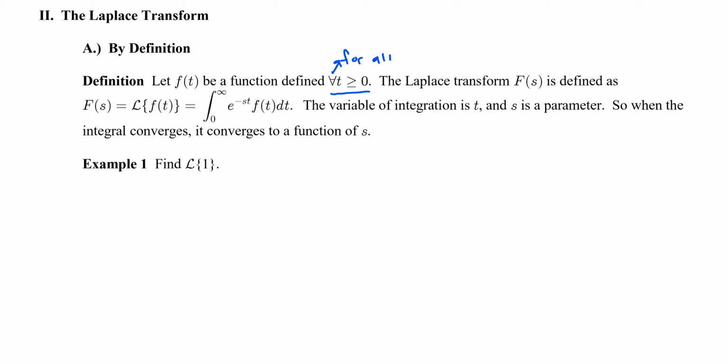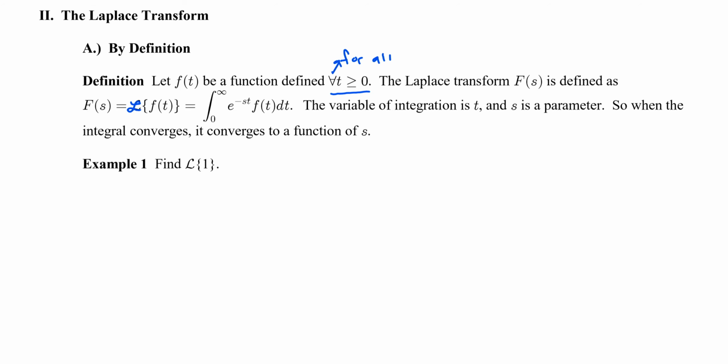The Laplace transform big F of s is defined as big F of s equals, here's some other notation for the Laplace transform. And by the way, when we write it by hand, we make a script L. That script L is unavailable on the software that I use to type the math. So you're going to see the L look like that when it's typed, but when we write it, we're going to write it as a script L.